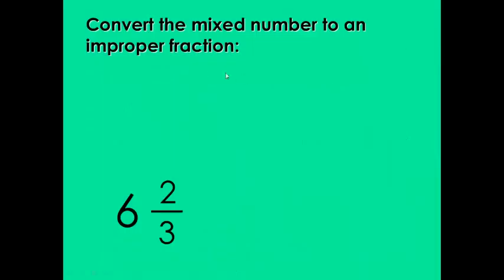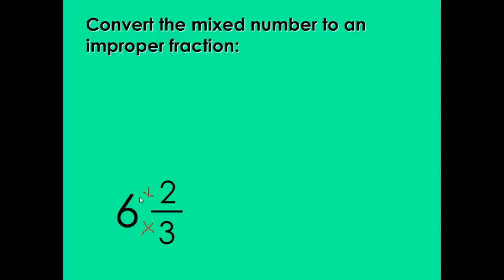Let's convert 6 2/3 to an improper fraction. Our first step says multiply the whole number times the denominator. So 6 times 3 is what? 18. Then we go to step 2 and add the numerator.